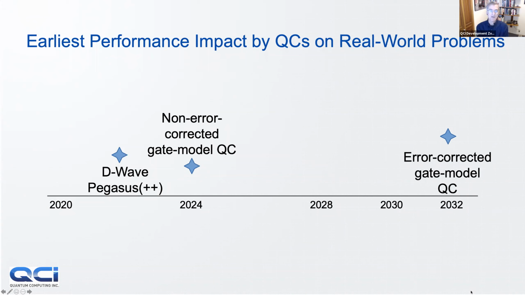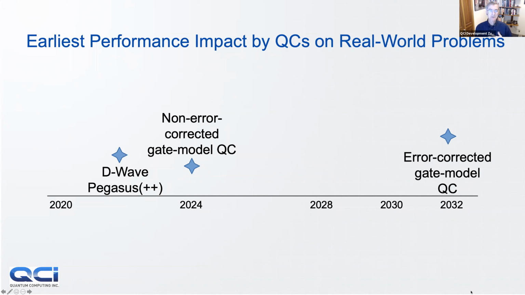These estimates have significant error bars on them, but that's a plausible time at which we could get quantum advantage. If we, the community, are not able to figure out how to use non-error corrected gate models, and we have to wait for error corrected, then that's maybe another 8 years or so. That puts us out to 2032 plus or minus, which is quite a while to wait, obviously.